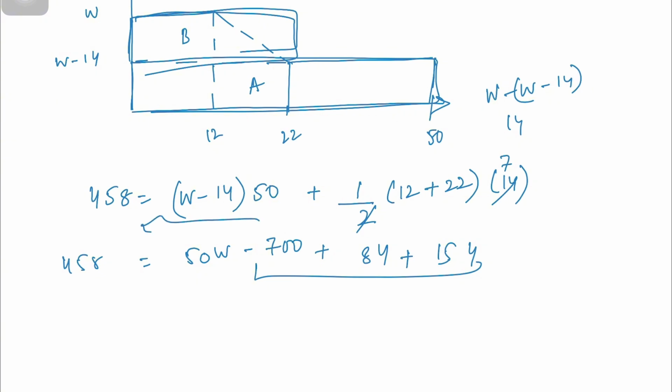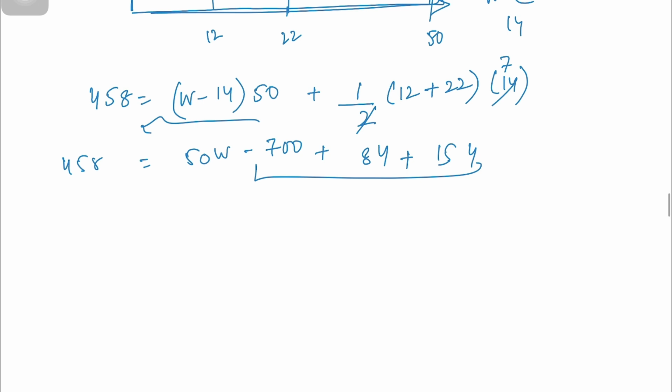So we'll get our answer as 150, then 80 is 230, 238, and then minus 700 is basically 562. 562 would be added over here. This would be 50w, and we get our answer as 920. I guess I made some mistake somewhere.